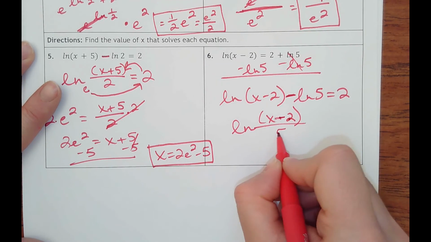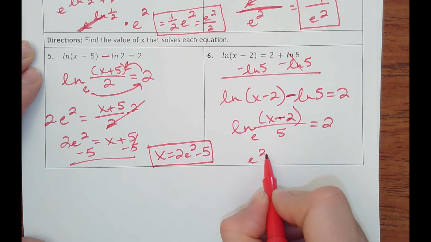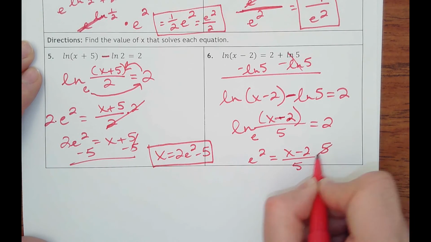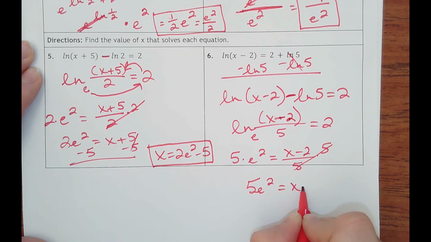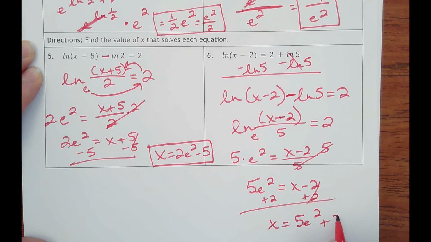I keep putting parentheses over that. Change it into an exponent, so it's e squared equals x minus 2 over 5, multiplied by 5. It's 5e squared equals x minus 2, add 2. X equals 5e squared plus 2.